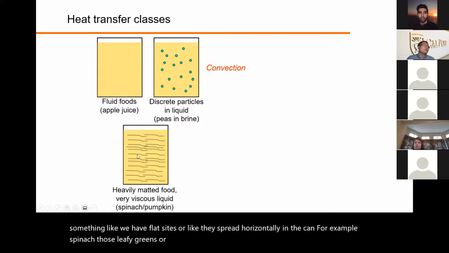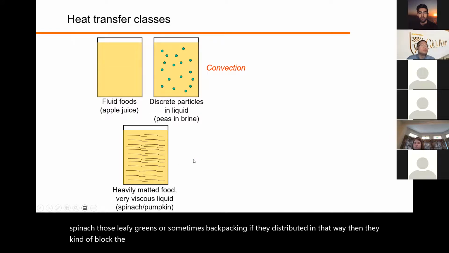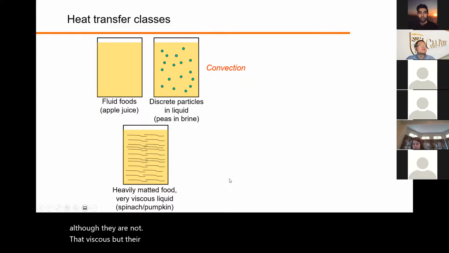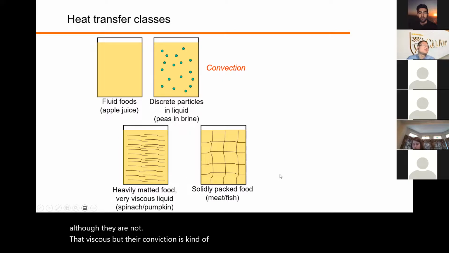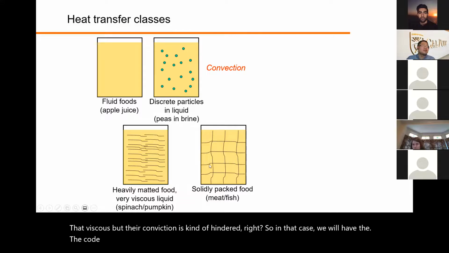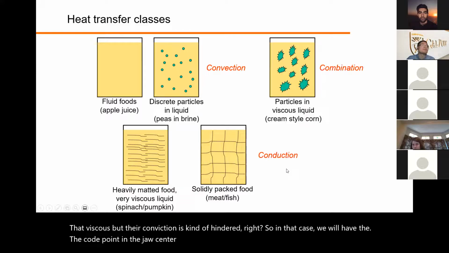If they are distributed that way, then they block the convection, the vertical movement of the liquid. Although they are not that viscous, their convection is hindered, right? So in that case, we will have the cold point in the geometric center of those cans.